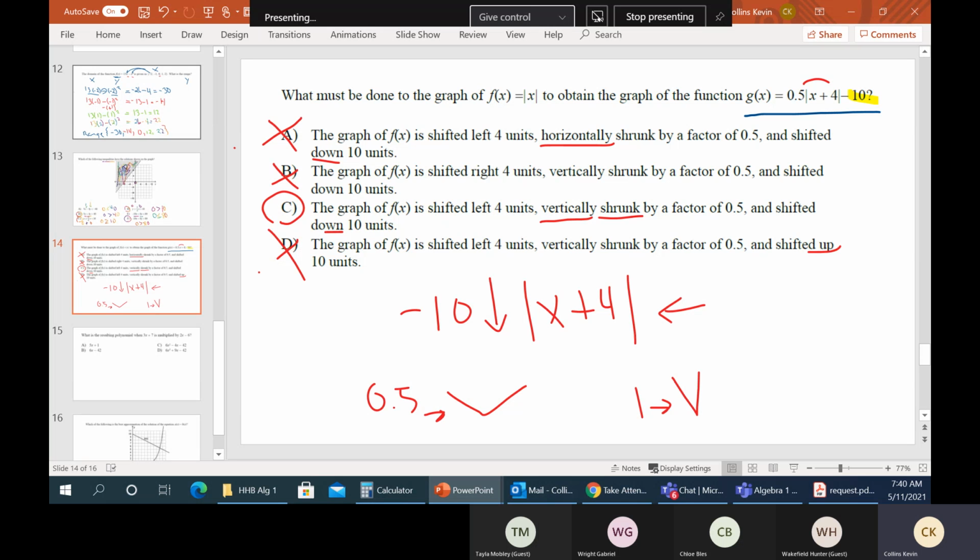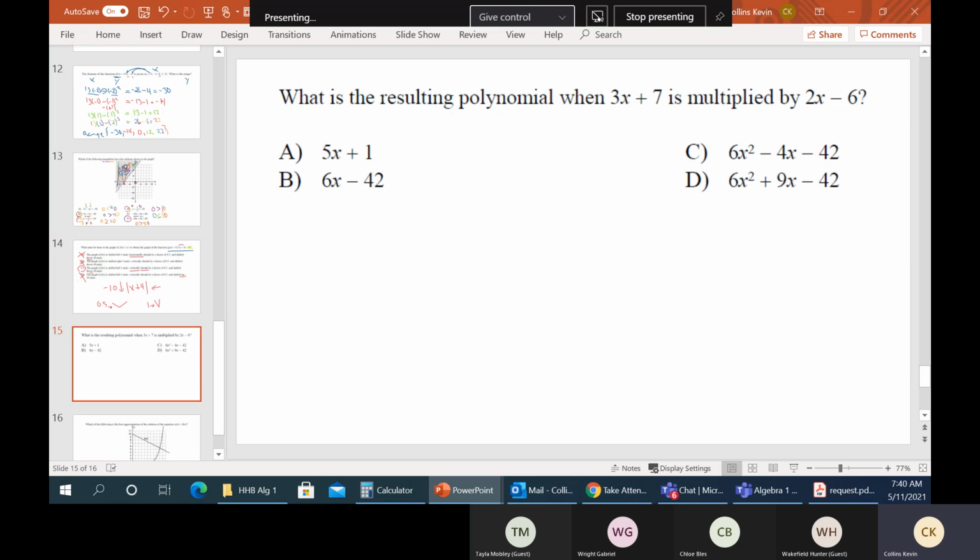All right, let's go ahead and check out a couple more. So it says the resulting polynomial when 3x plus 7 is multiplied by 2x minus 6.